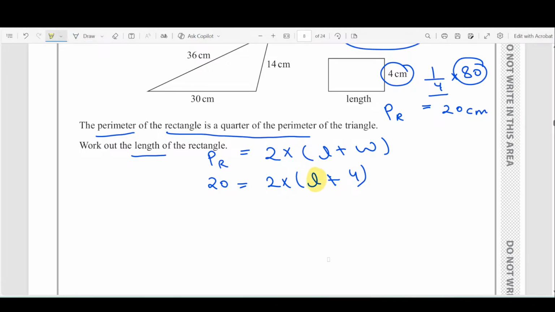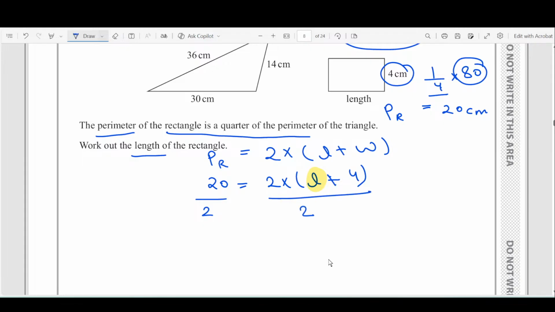So we need to get rid of this 2 and 4. This 2 is in multiplication, so to get rid of it, we need to do the opposite of multiplication, which is division. So just divide both sides by 2. This will cancel out. Here we get 20 divided by 2, which is 10. Here we have length plus 4.